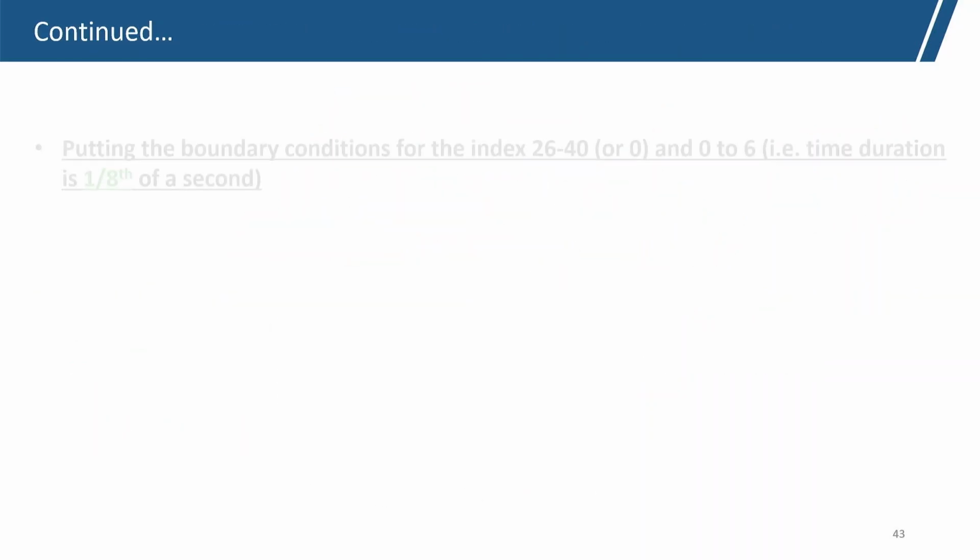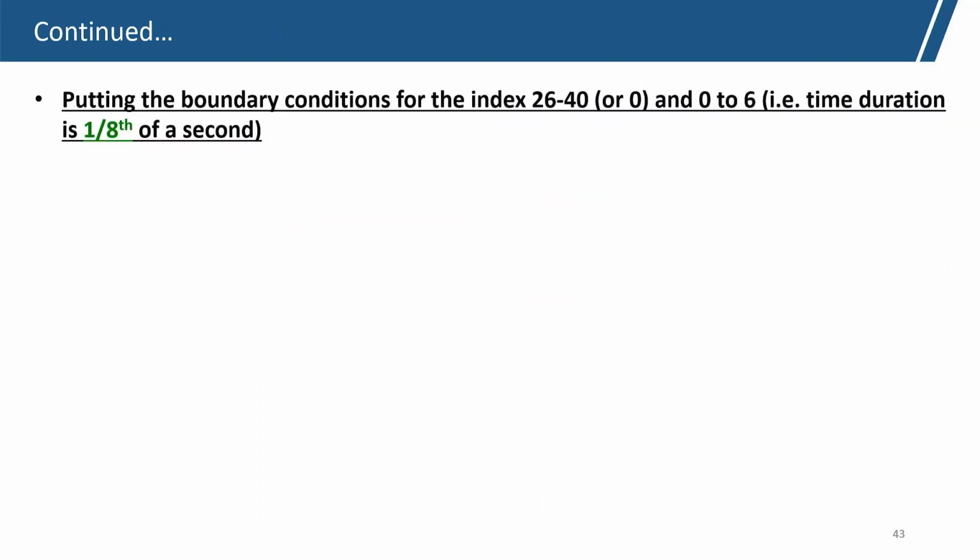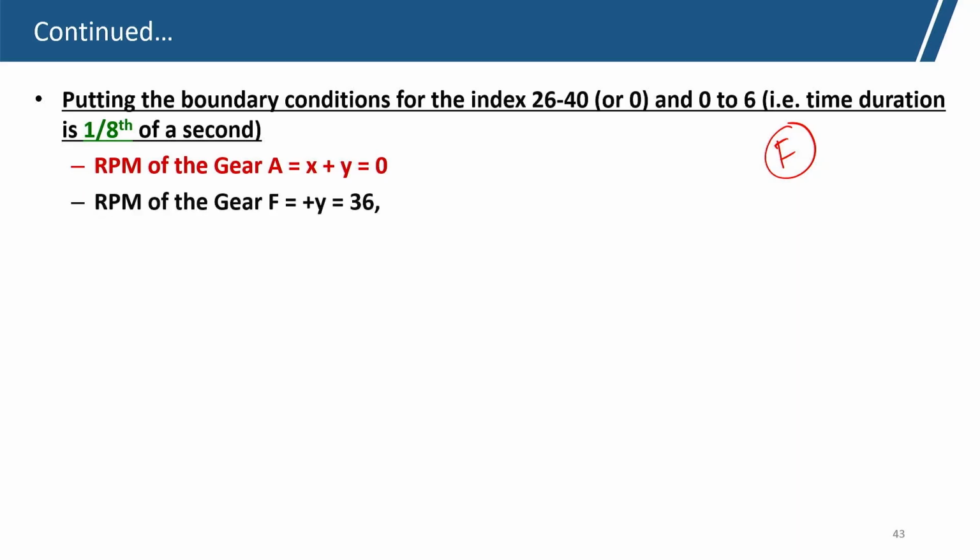Now, you can see here for 1/8th of a second, A will not have any motion, only the gearing diagram, that is the epicyclic gear, will get motion from our, that is F arm will rotate at 36 RPM. So, RPM of gear A, which is x plus y, is 0, arm F is giving plus 36 motion.